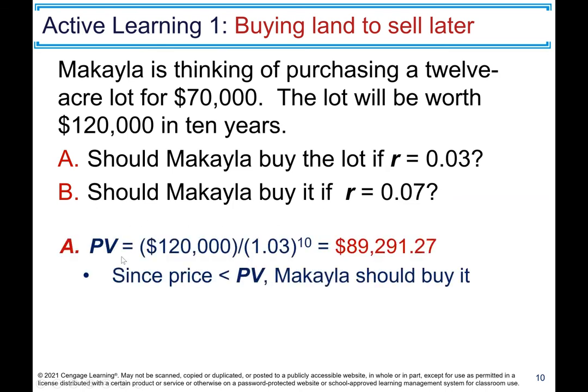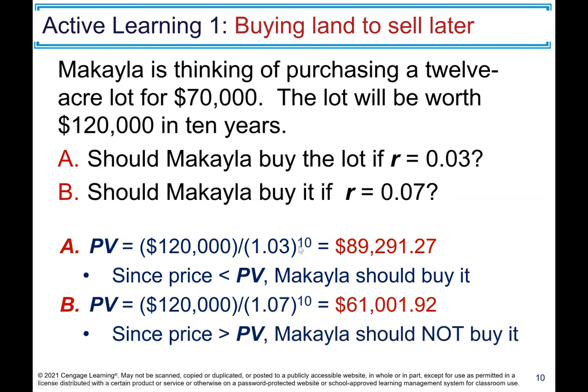Number A, present value is 120,000 divided by 1.03 raised to power 10. And that is $89,291.27. Since the price is less than the present value, Michaela should buy it.